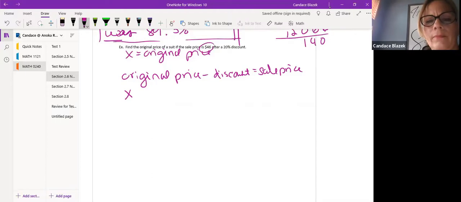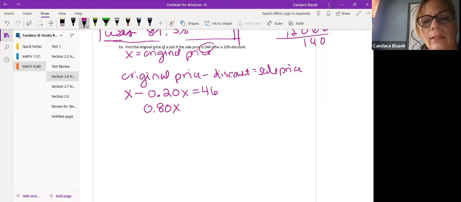That's my X. To get the discount, I do the percentage of discount, which is 20% times the original price, and I will get the sale price, which is $46. Now, I want you to notice what is happening here. We have a 1x subtract 2/10 of an x. I can combine those like terms to be 0.80 times x, which is equal to 46.